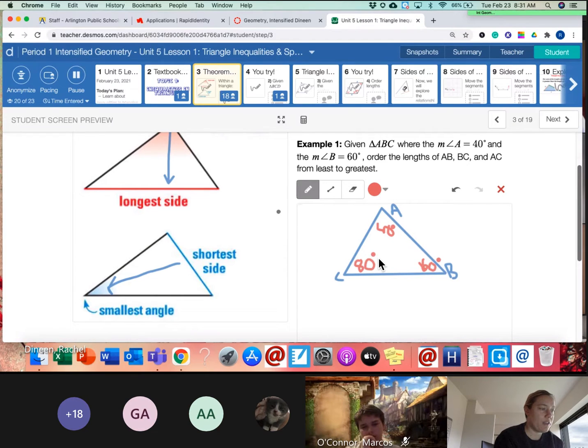So based off of what we know, my biggest angle is 80. So that means the longest side is going to be AB.